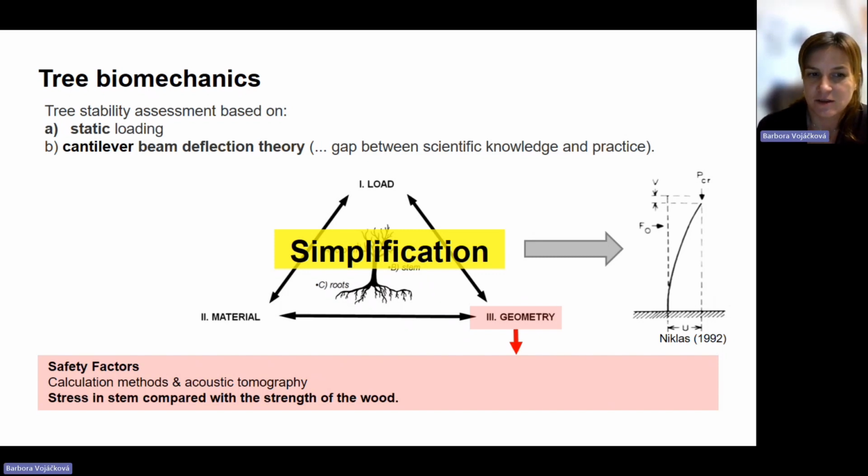The safety factors used for the calculation methods or acoustic tomography usually work with some stress that we try to calculate, which level of stress is in the stem that can be achieved by wind loading, and then we compare this stress with the strength of the wood, the number which tells us how big a load the wood can bear without permanent deformations.